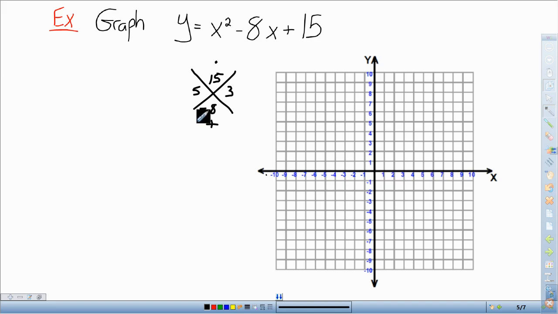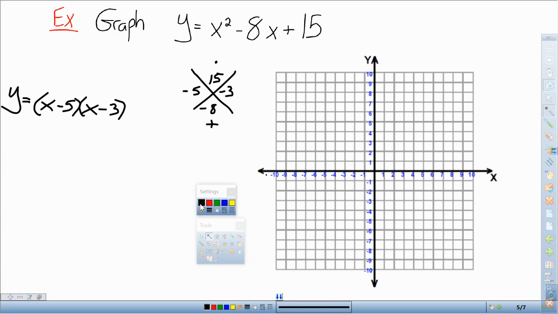I want them to combine to get a negative 8, so it looks like they both need to be negative. And really that is going to give me my factored form. Now I can write this as y equals an (x minus 5) for one of my binomials, and an (x minus 3) for my other. I'm not going to give you problems that have you factoring really difficult quadratics. They're normally just going to require this simple x method.